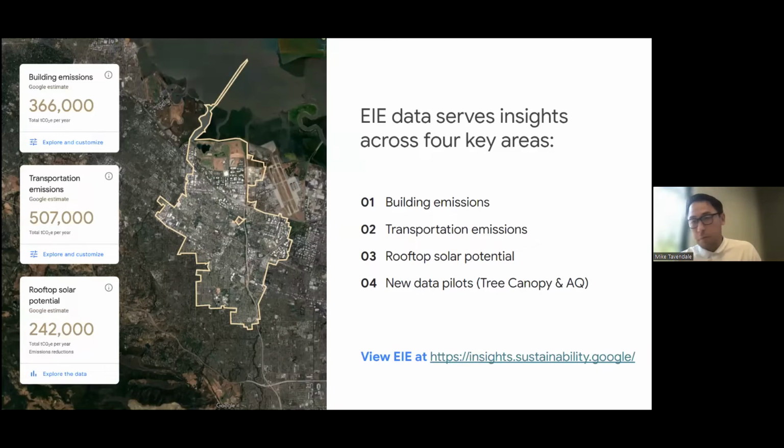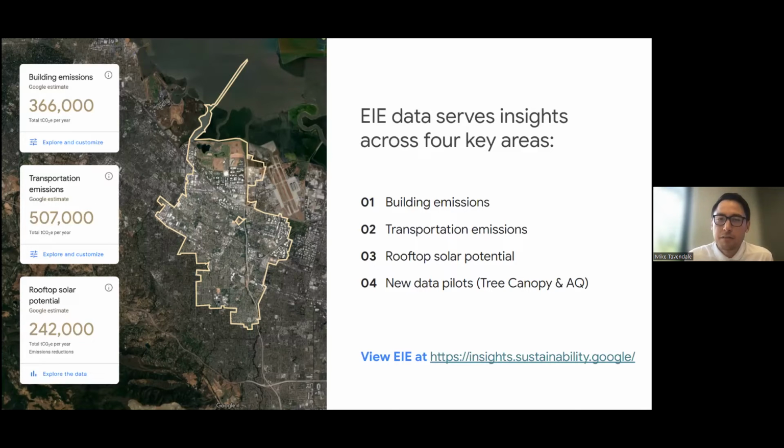So, a couple of basics. EIE is a web-based platform. It's freely available to cities, local governments, as well as organizations such as climate consultancies that are working closely with cities to help them collect their data, analyze their data, and develop programs and strategies.